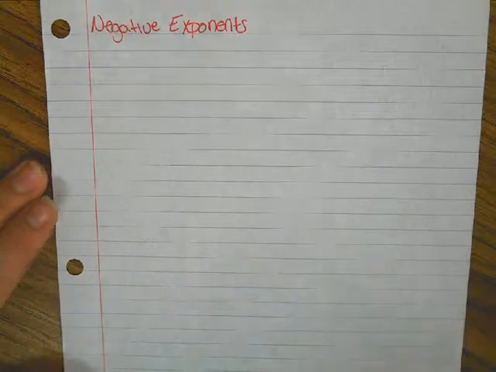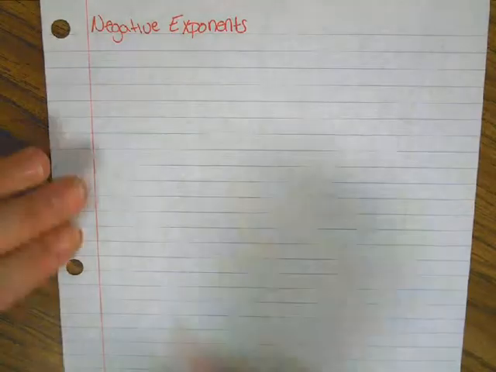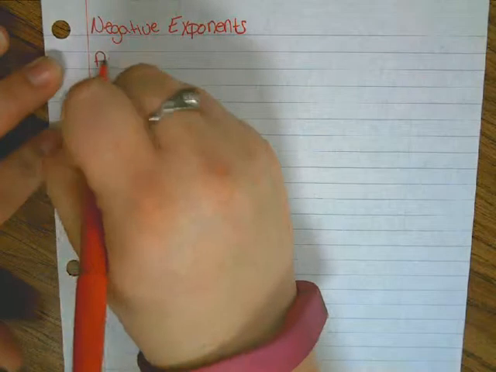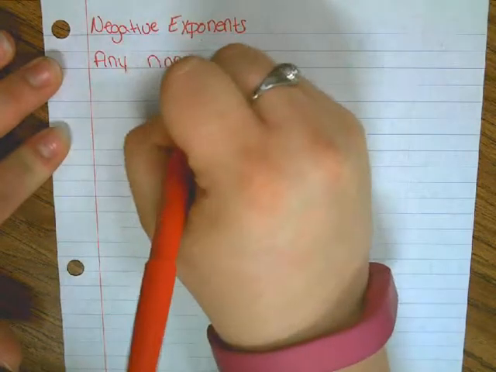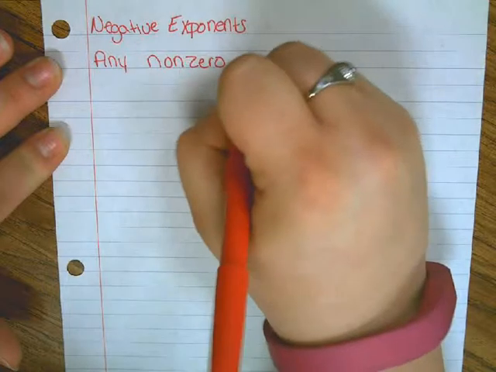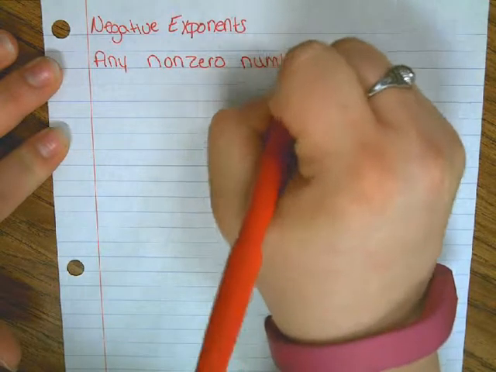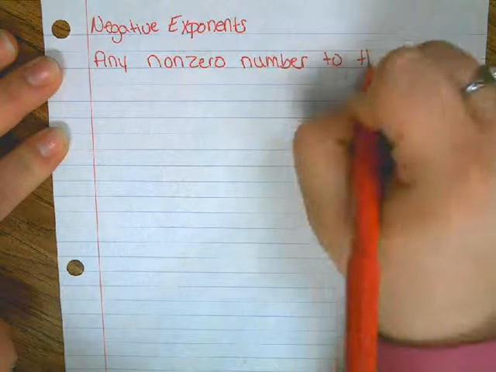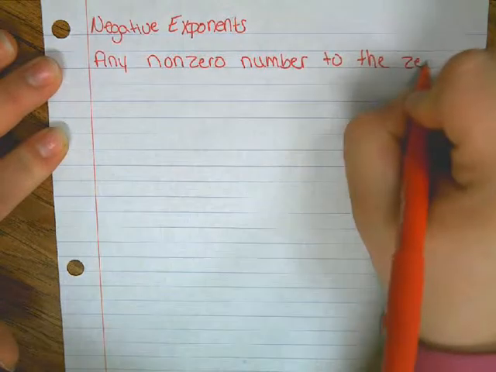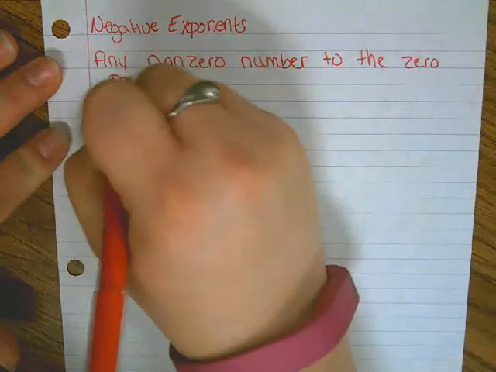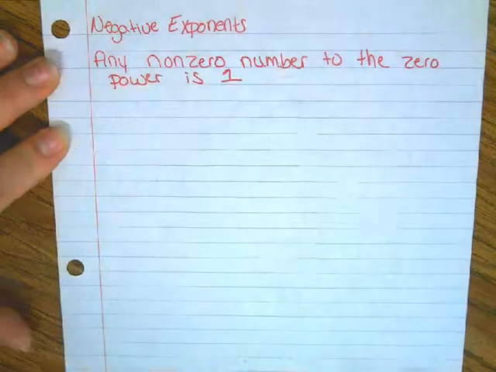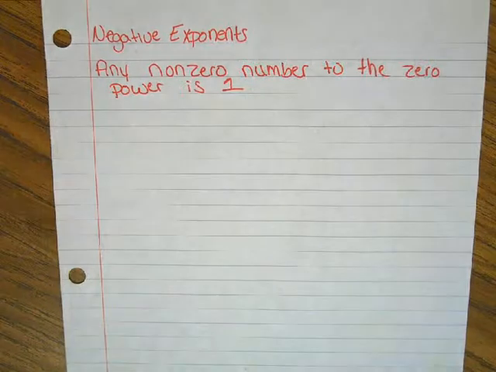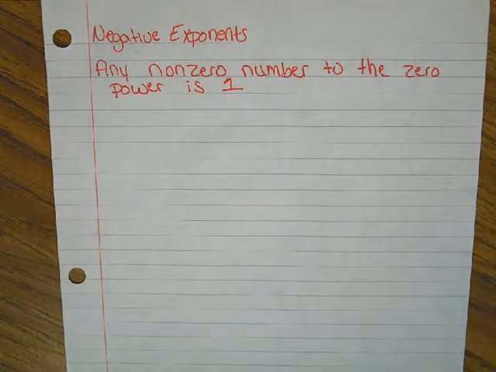Okay, before we start on negative exponents, we need to remember that any non-zero number to the 0 power is 1. So if I take any number, raise it to the power of 0, it's going to be 1.